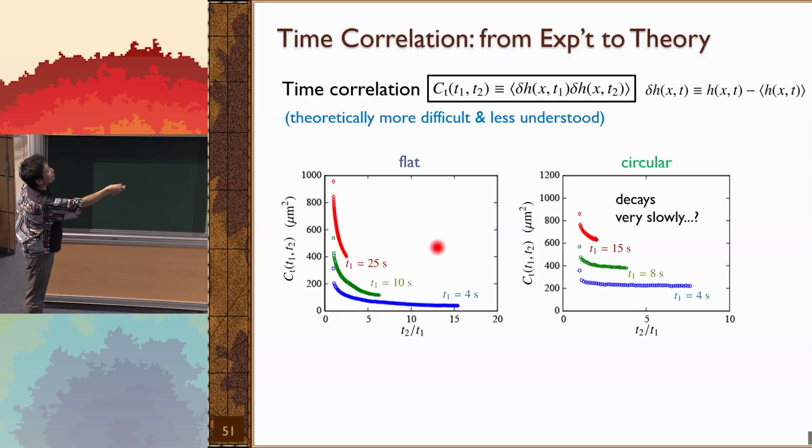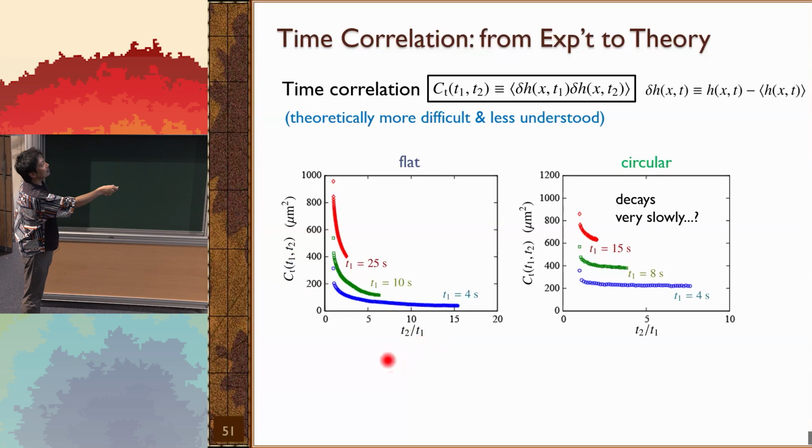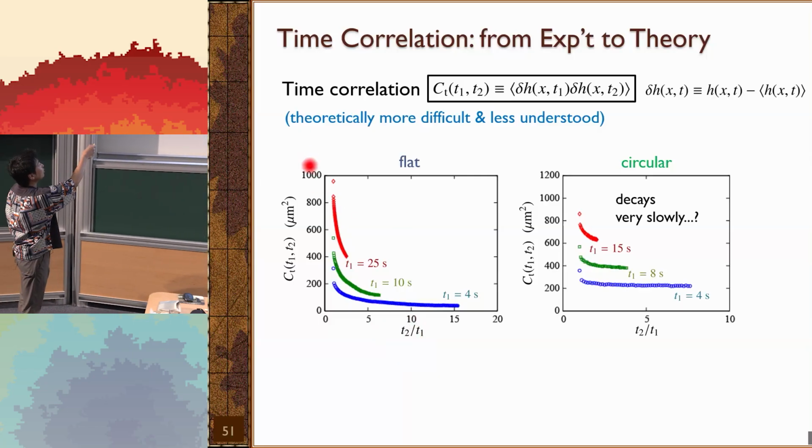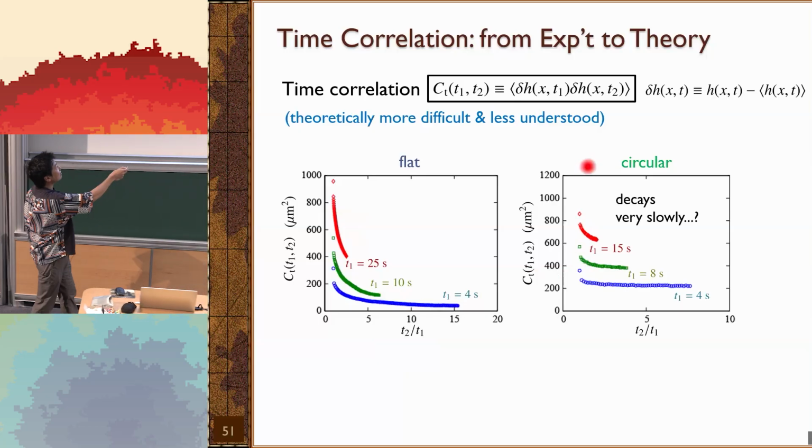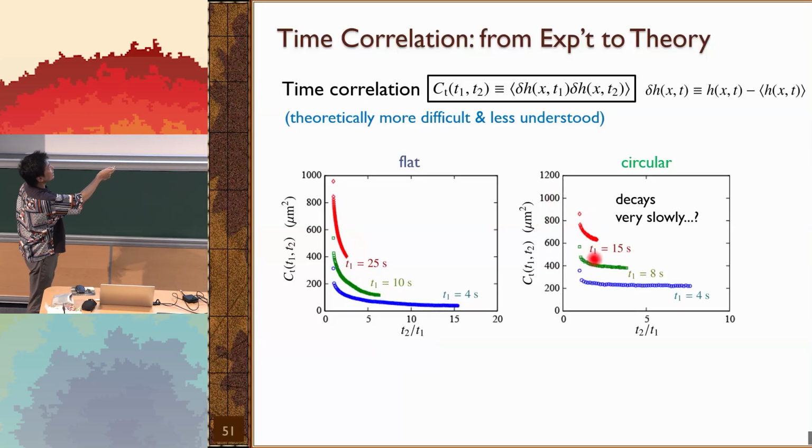Here I plotted the two-time correlation functions as a function of T2 over T1, for several T1. For the flat case, the correlation function decays as expected. For the circular case, it does decay, but somehow it decays very slowly. Zero is here.